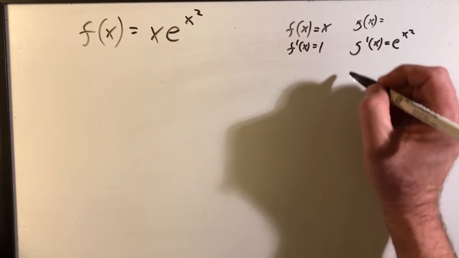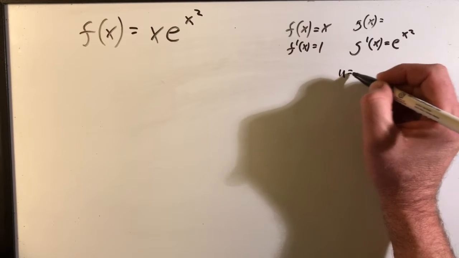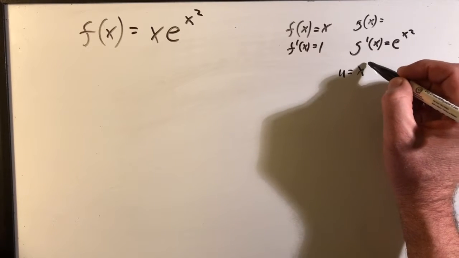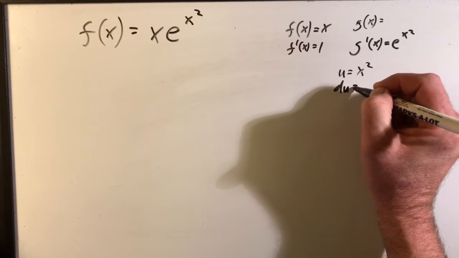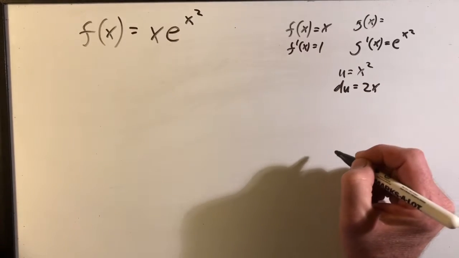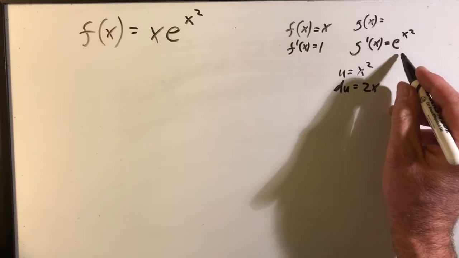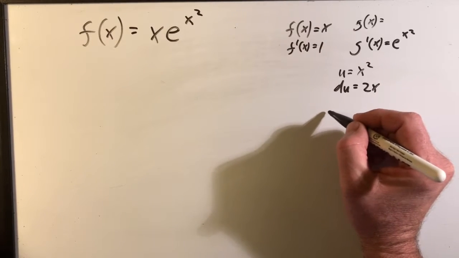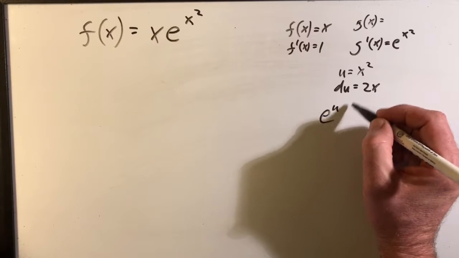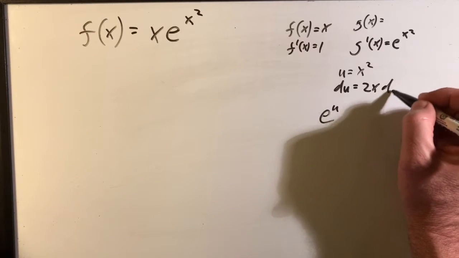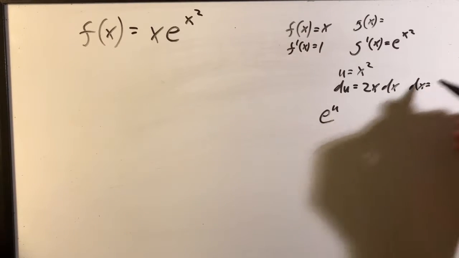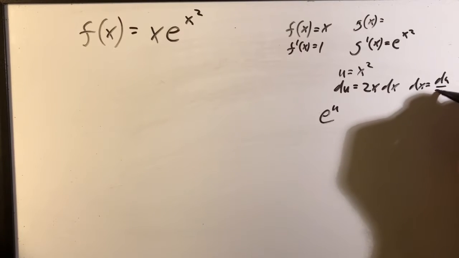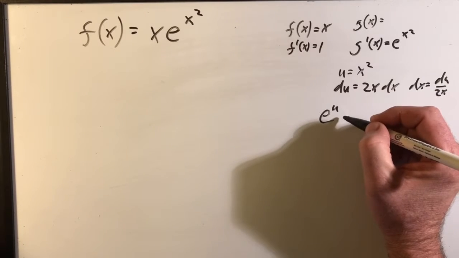I have to do a quick substitution. So u equals x squared, and then du equals 2x. Going into the original function, substituting things in there, this is dx, which would mean my original dx would equal du over 2x.